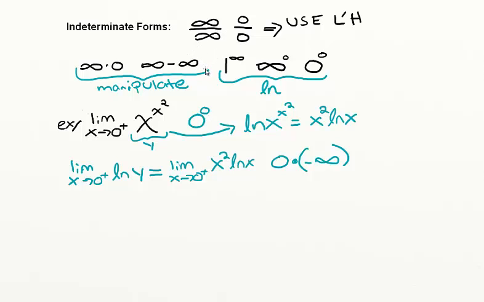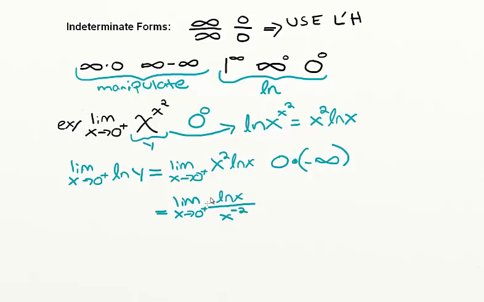Now, a really good strategy is I would not ever put natural log in the bottom because we don't want to have to take the derivative of 1 over natural log of x. So we're going to want to rewrite this as the natural log of x over x to the negative 2.